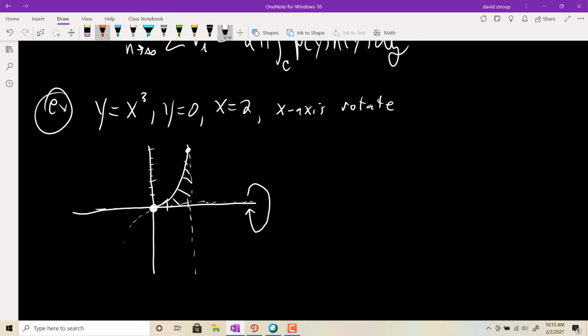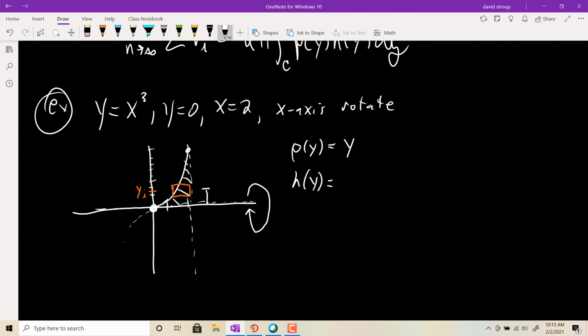So again, with shells, the rectangles are parallel. Okay, so here's my little rectangle located at position y sub i, and I need to get a formula for the radius, and then a formula for the height. So when you're going about the x-axis, the radius is always going to be just y. Okay, it's basically the distance from the x-axis to the rectangle.